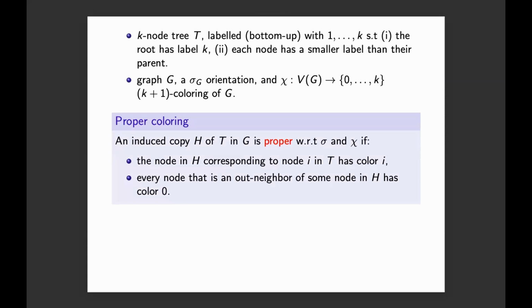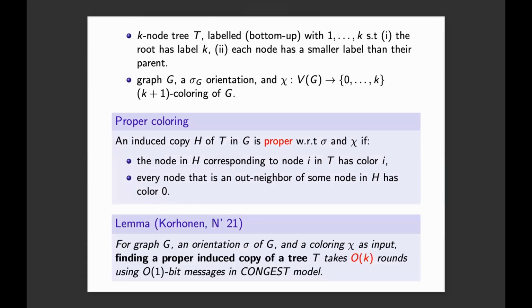Let H be a copy of T. We say H in G is proper if the following are satisfied: every node in H with color i corresponds to a node in T with label i, and all out-neighbors of any node in H have color 0.